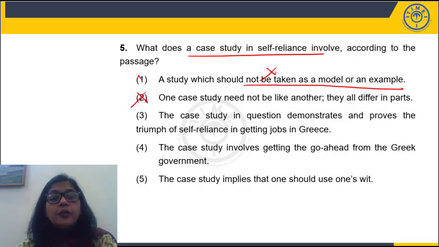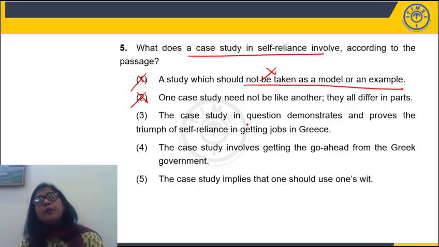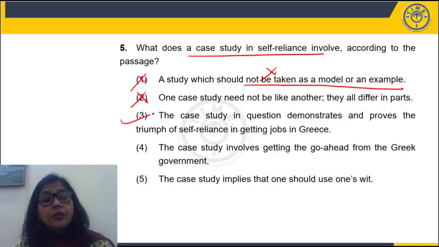So not even 2. 1 ruled out, 2 ruled out. 3, the case study in question demonstrates and proves the triumph of self-reliance in getting jobs in Greece. True, as exemplified by Hussaini. The case study involves getting the go-ahead from the Greek government. Getting the go-ahead from the Greek government, no.